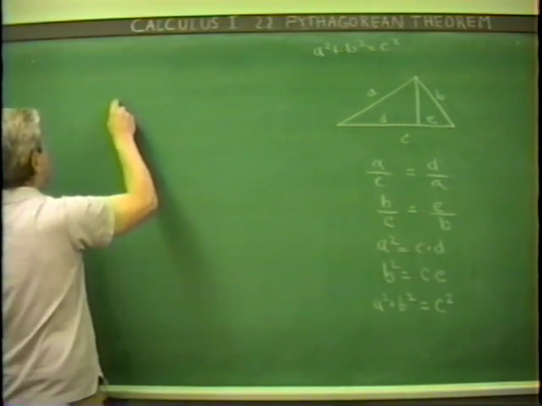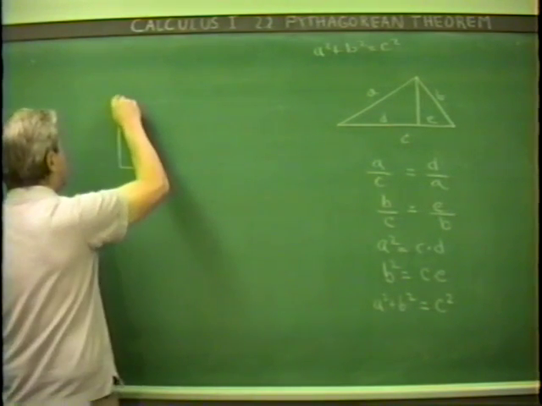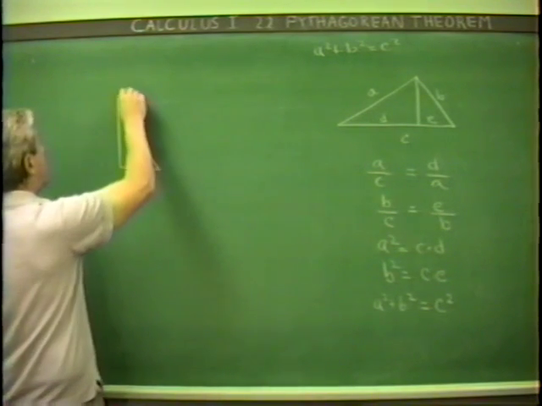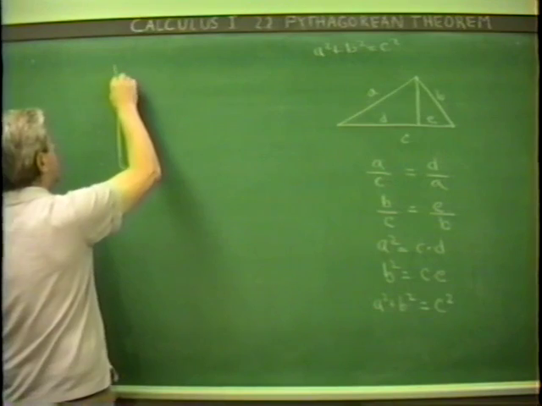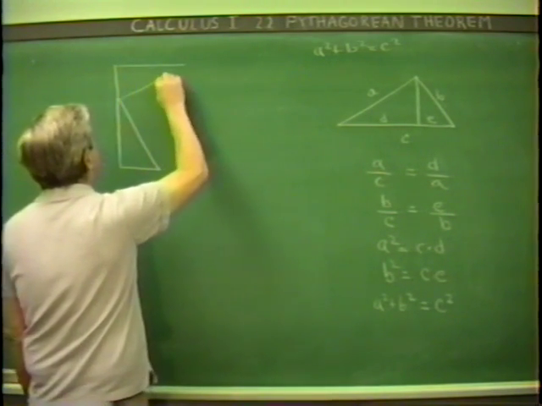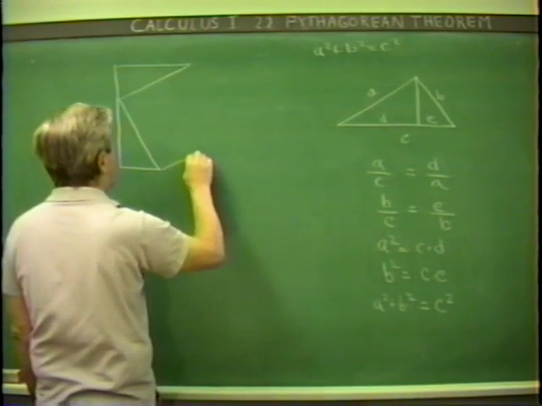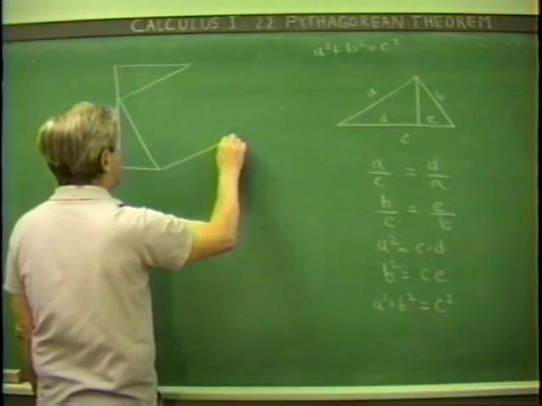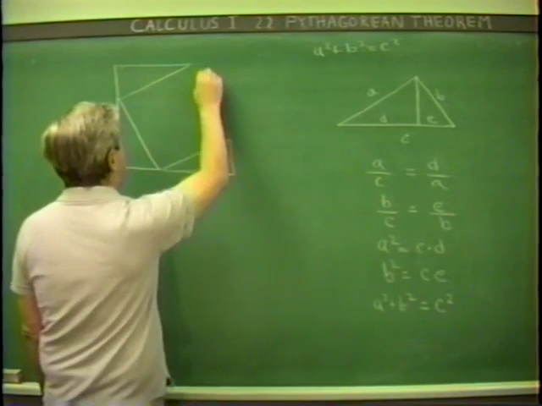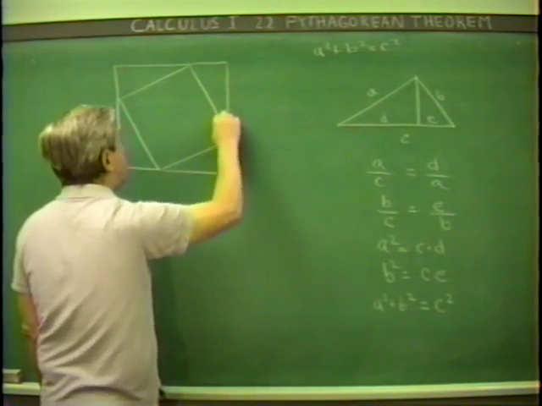If you draw a triangle like so, a right triangle, and now construct up here a congruent triangle to the first one, and similarly over here, a congruent triangle to the first one, and finally complete the square here and construct a fourth congruent triangle to the first one.